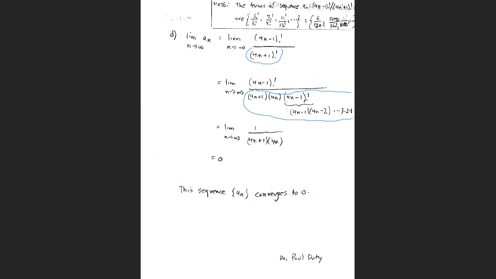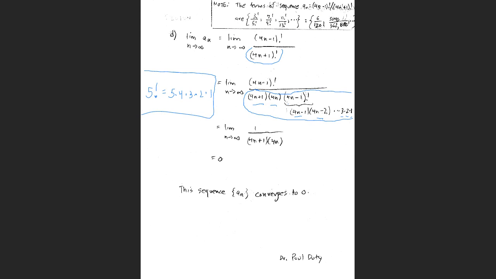Again, I always think of a simple case. 5 factorial is 5 times 4 times 3 times 2 times 1, right? So 4n plus 1 factorial would be 4n plus 1 times 4n, which is 1 less, and then times 4n minus 1 times 4n minus 2, all the way down to 3, 2, 1.